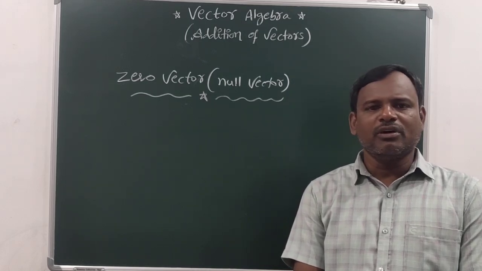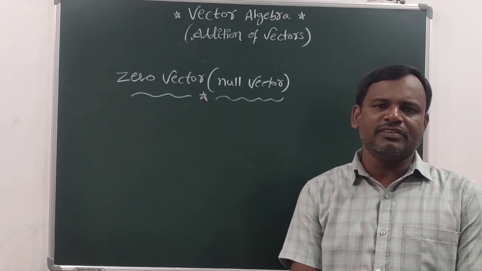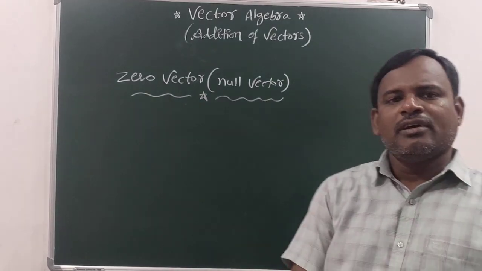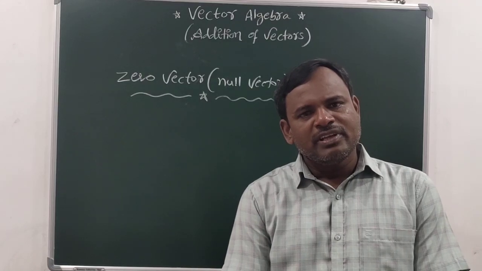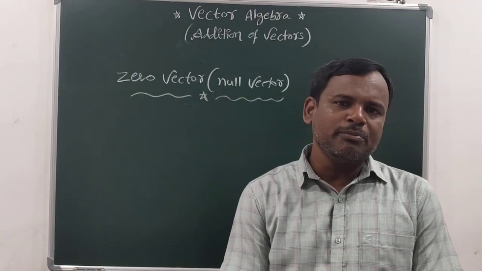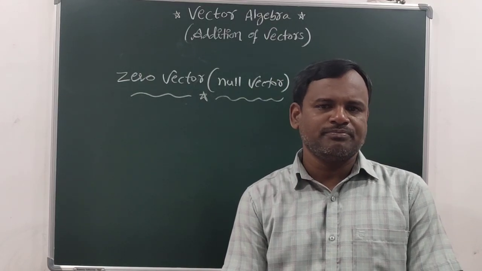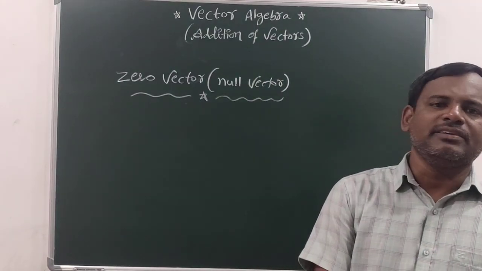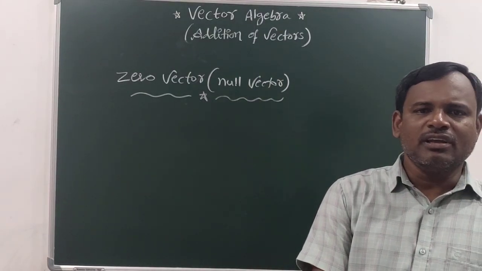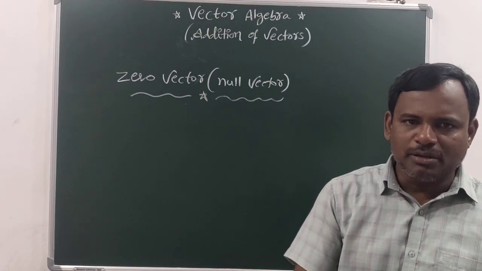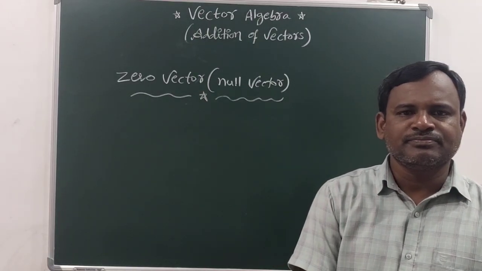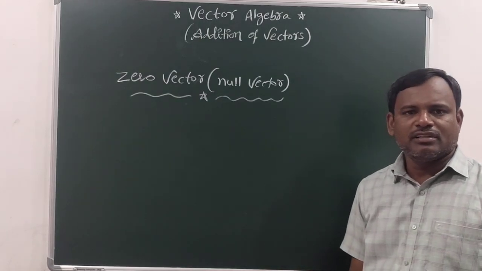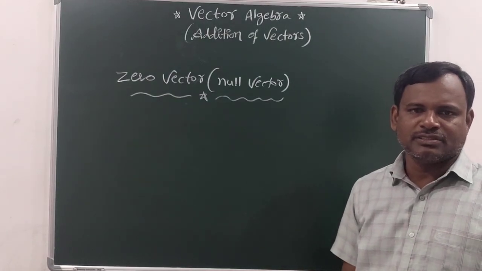If the magnitude of a vector is 0, then such a vector is known as a null vector. And for this null vector, the initial point and terminating point both will be the same, and its direction is arbitrary. Okay, so the direction can be any way. I think you have got the meaning of zero vectors.